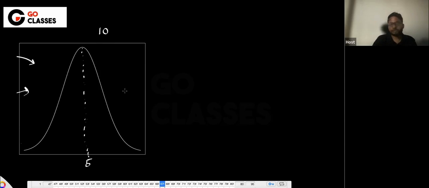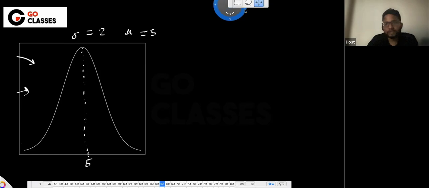Then this is the plot you are getting where the variance sigma square is 10 and mean is 5. Or maybe let's suppose the standard deviation is 2 and mean is 5. Then let's suppose this is one of the plots I'm getting.